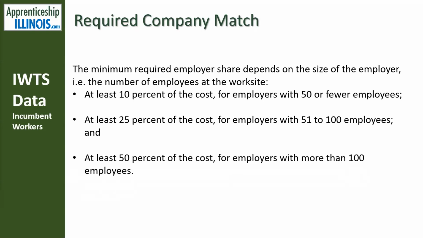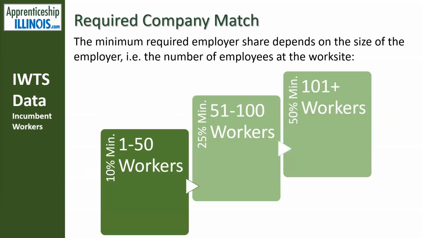Okay, so the whole point of incumbent worker training in that employer relationship is the company has to have some skin in the game, okay? Yeah, this is the same information, but in a more visual way to look at it, okay?